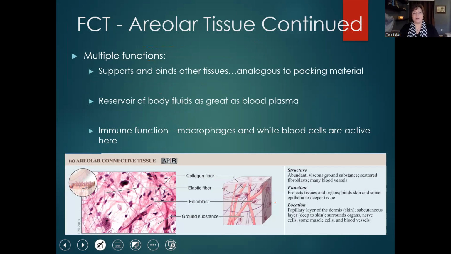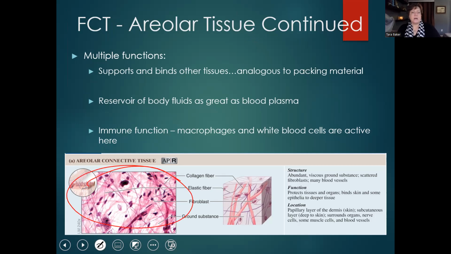They're also going to be holding a lot of body fluids, because those antennas sticking out of the protein are attracted to water. And so water comes and we store water around those proteoglycans. And then we're also going to have macrophages and white blood cells. These are immune cells that are going to live in these tissues.